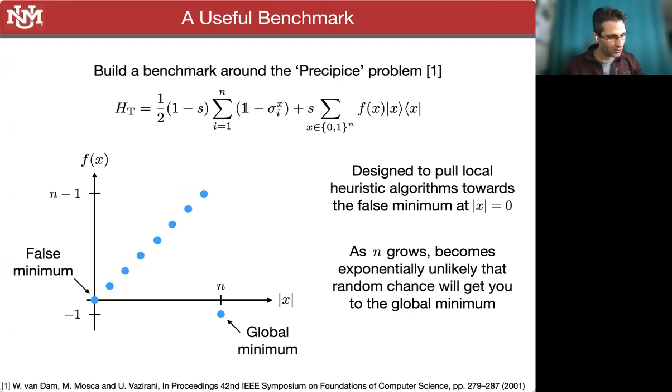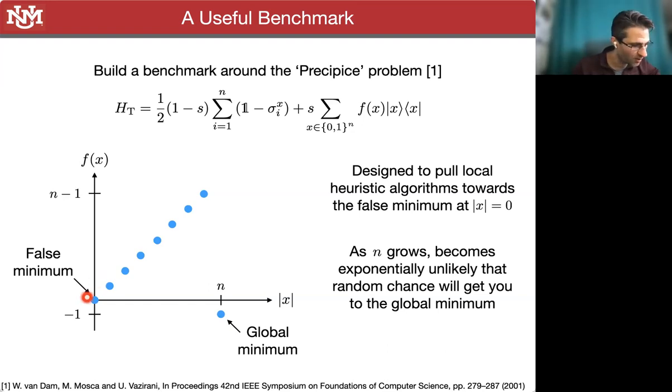So why is this a deceptively hard problem for heuristic algorithms? Basically, when you randomly start from a bit string, you start somewhere in the middle here, and your heuristic local algorithm will just follow the gradient down and get stuck in this false minimum.